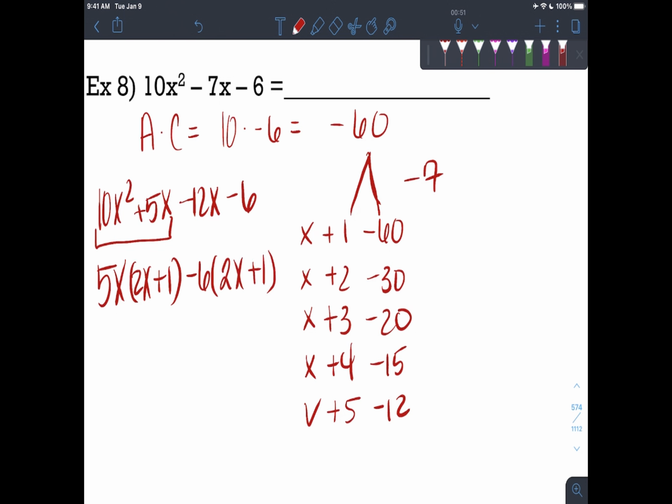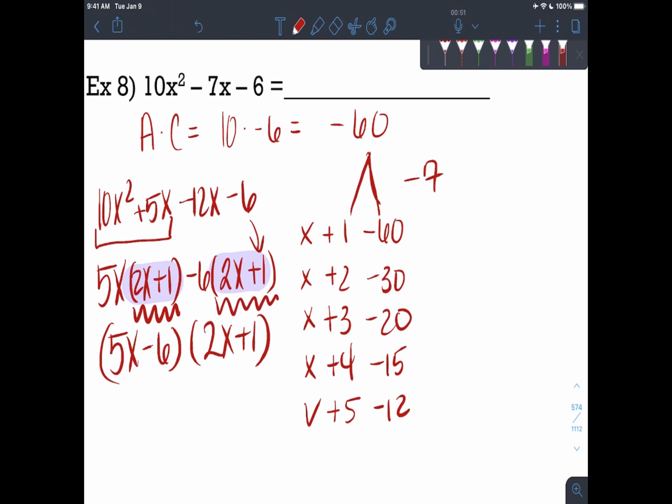Noticing that this changed to positive because I divided by negative 6, I notice that the inside of my parentheses is exactly the same, so I can combine like terms. And of course, the thing on the inside is what I'm referring to whenever I say that. And I'm completely factored. I can plug this into my calculator, graph it, and make sure that they're exactly the same.